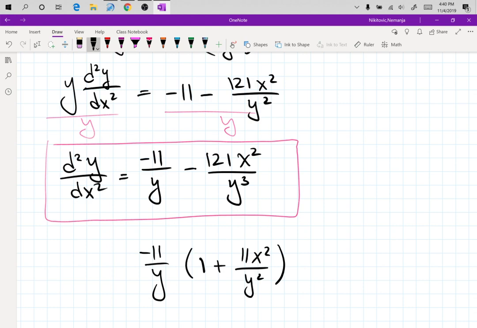And then you can even push it into negative 11 over y, 1 plus 11 times x squared over y squared.